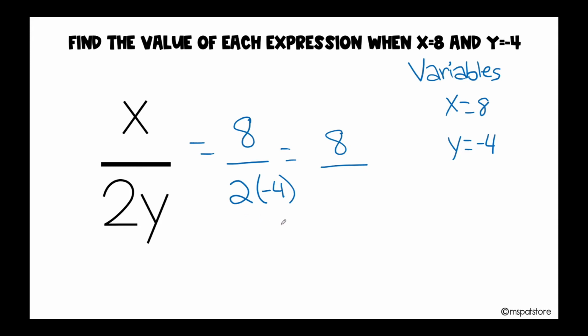Remember that when you're multiplying integers with different signs, your answer is negative. So 2 times -4 is -8. And now I just divide. 8 divided by -8 is -1. So this is my final answer.